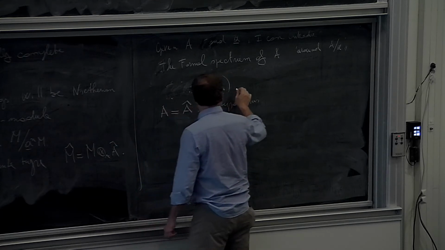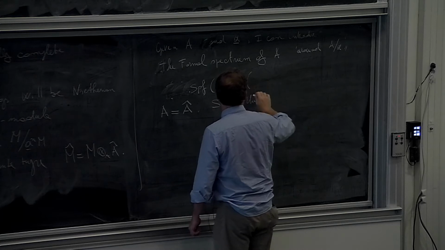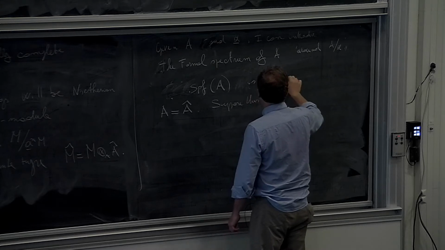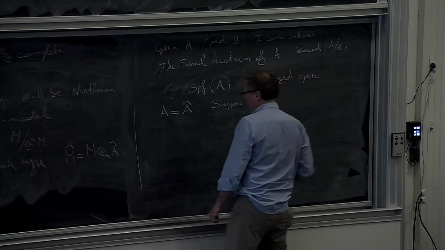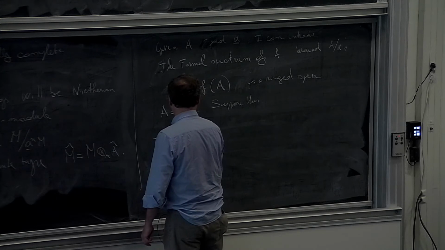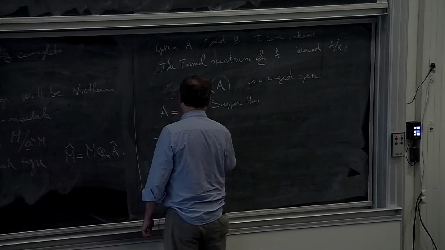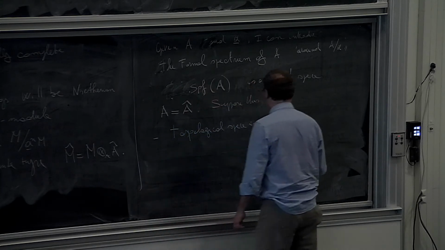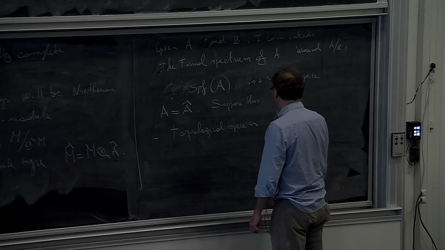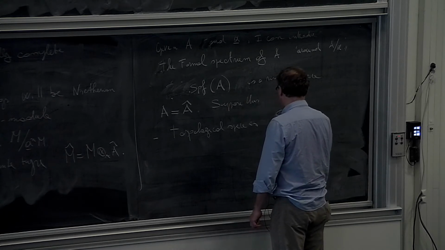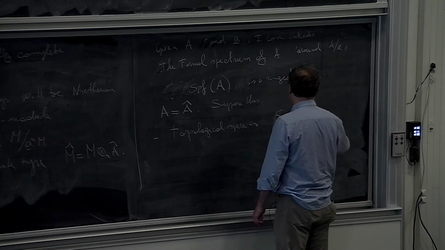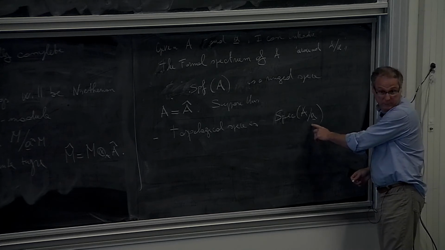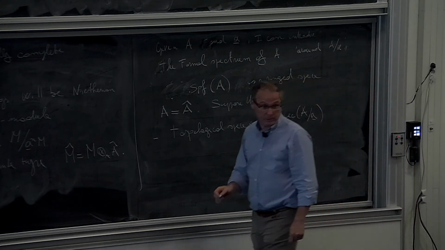So this is a ringed space. And so the topological space is just the spectrum of A divided by 𝔞. Be careful, just the topological space, not the ring of it.